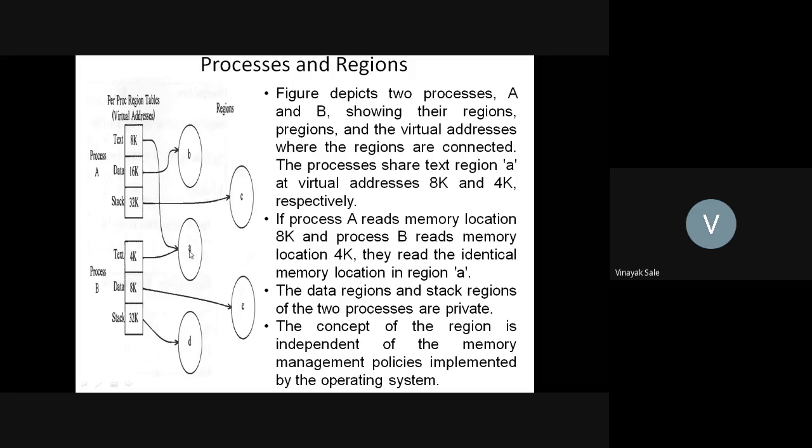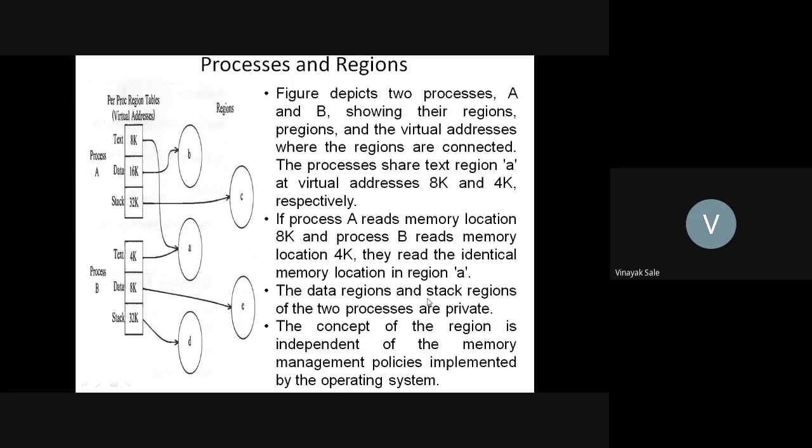If process A reads memory location 8K and process B reads memory location 4K, they read identical memory locations in region A.